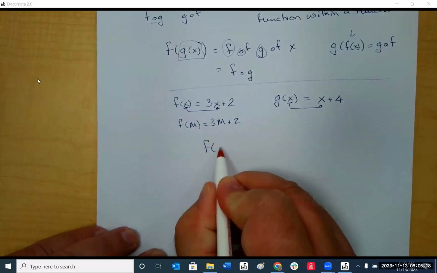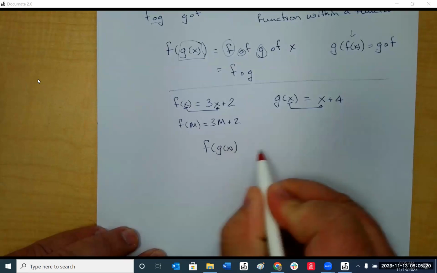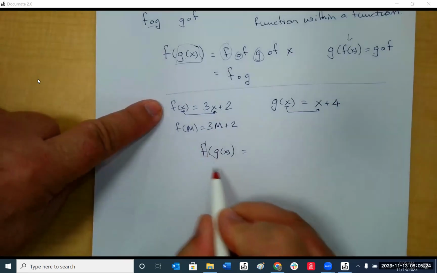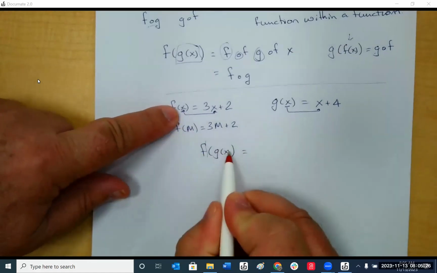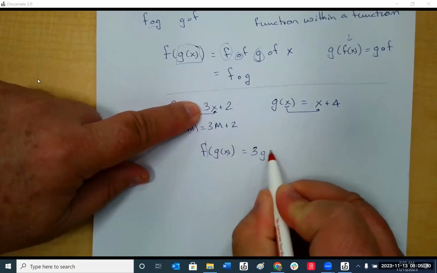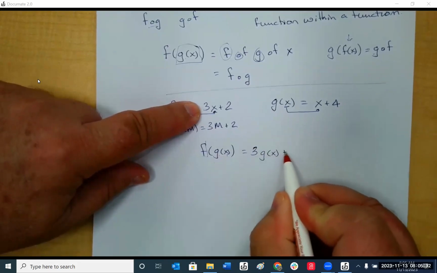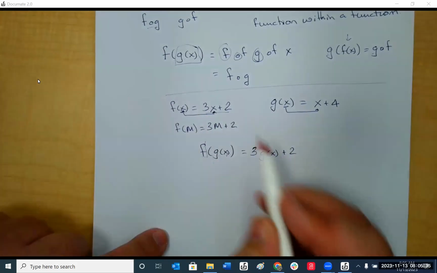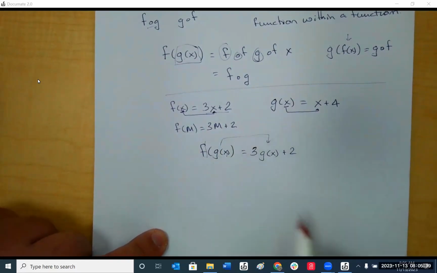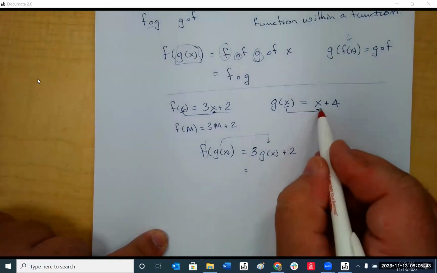So if I had f of g of x, that means in the function f, which is this one, anywhere I see an x, I put a g of x. So it would be 3 g of x plus 2. That's what that equation looks like. Because in place of x, I put g of x. Then what is g of x?